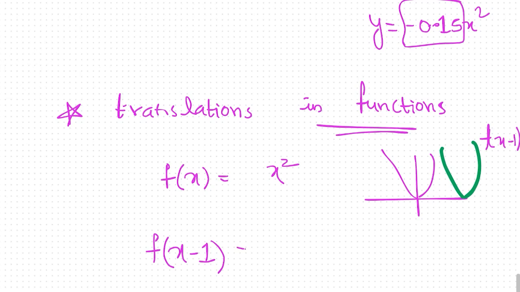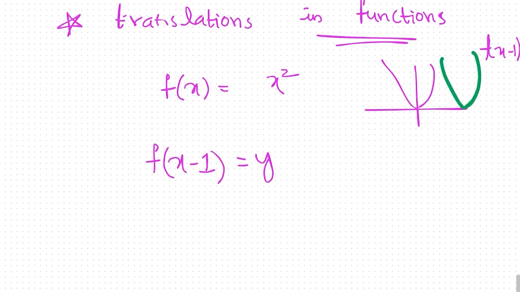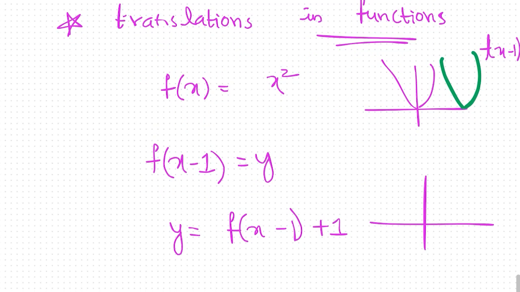What if I add another number, x minus 1, let's say plus 1? It'll be moved over to the right one, and then it'll go up by 1. So right 1 and then up 1, and this is also 1 unit.